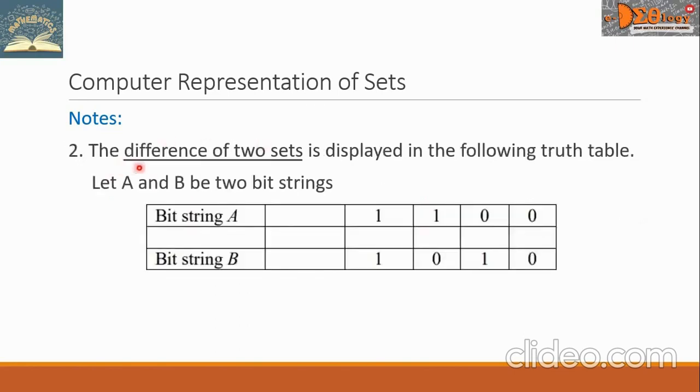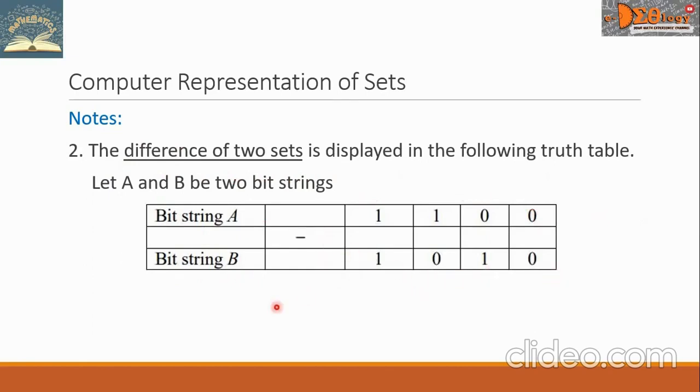Number 2, the difference of two sets is displayed in the following truth table. Let A and B be 2 bit strings. For bit string A, we have 1100. For bit string B, we have 1010.